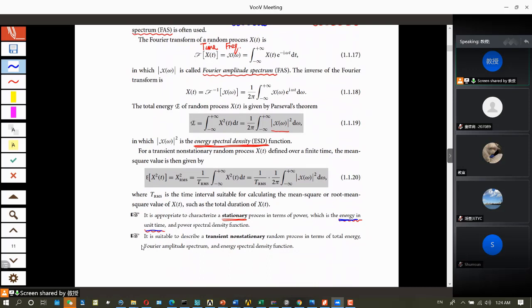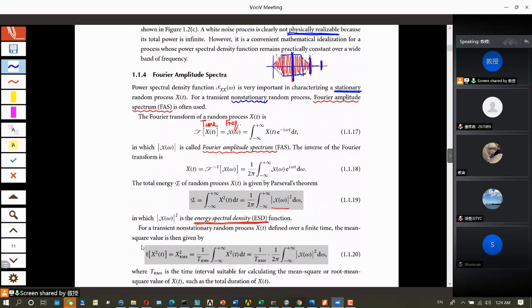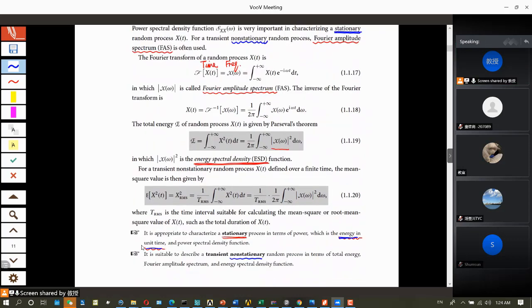For transient non-stationary process, we can find the total energy for the process, through total energy, Fourier amplitude spectrum, or energy spectral density function.